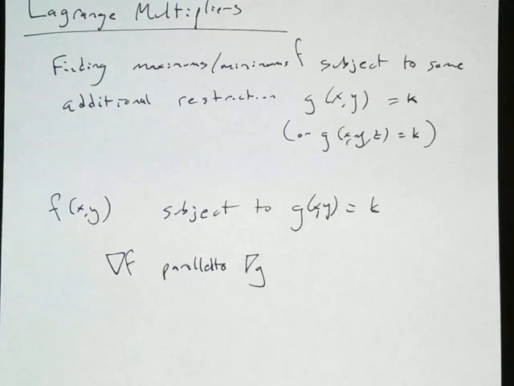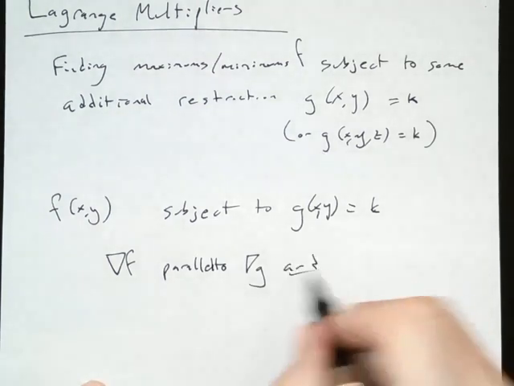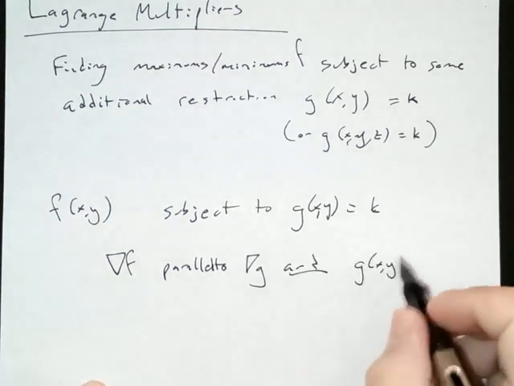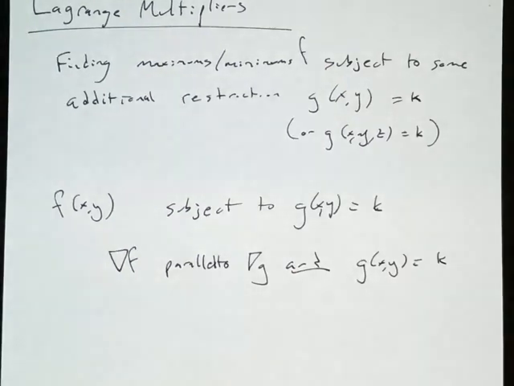And I still want g to be equal to k. So I still need this equation to make sure I'm on the right level curve of g. How do I know if two vectors are parallel?